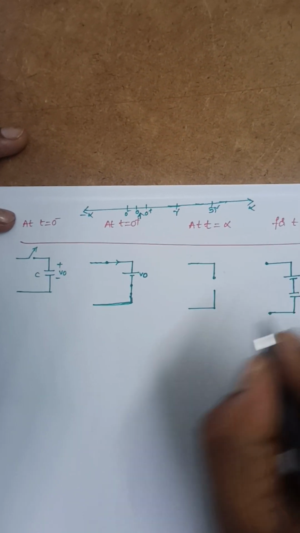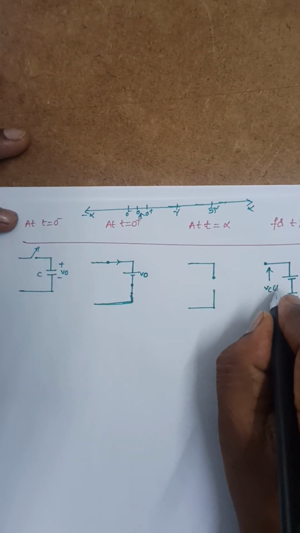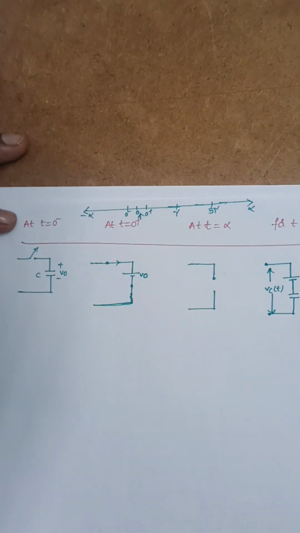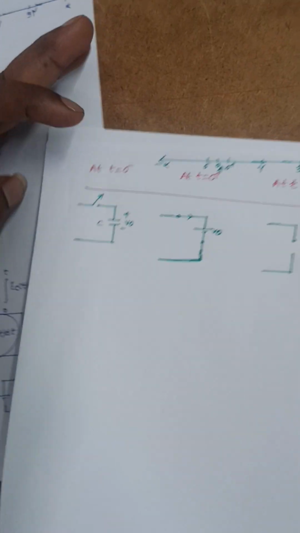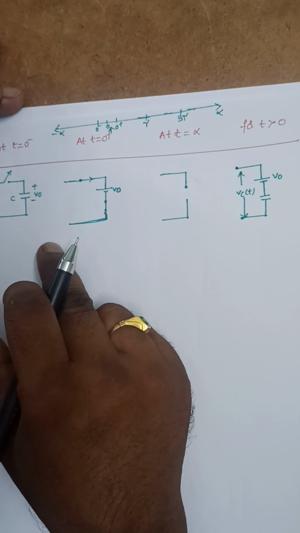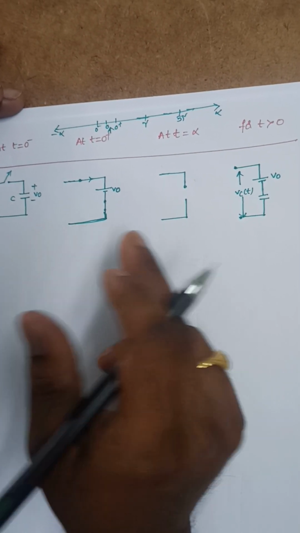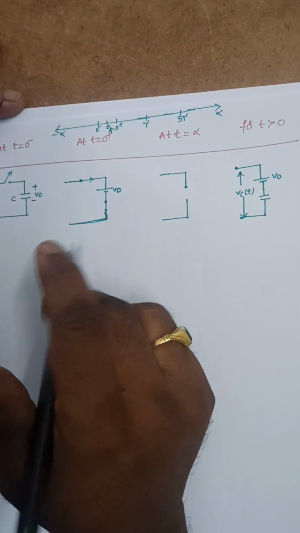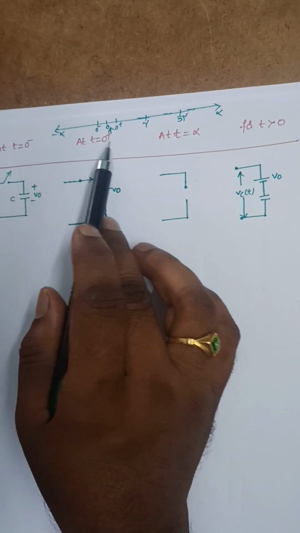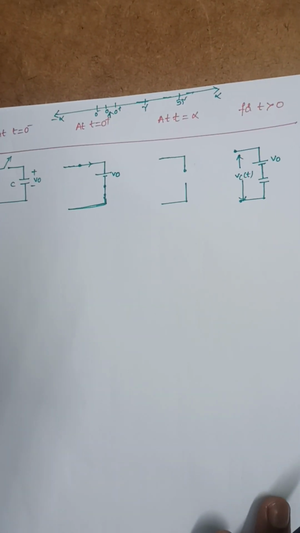So this is the initial voltage, it is Vc of t. Okay. So this is about representation of the capacitances at different instants, that is at t is equal to 0 minus, 0 plus, infinity, for t greater than 0.